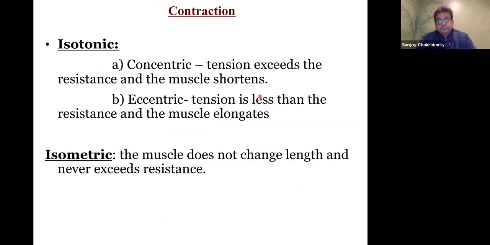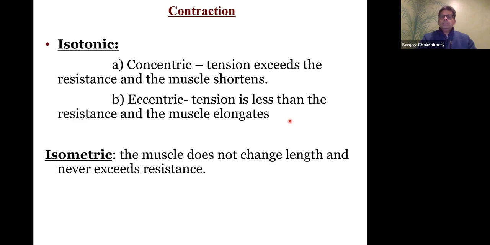And these are different contractions. Contraction has 2 different types based on what is happening to the muscle itself, whether the muscle changes length or whether it doesn't. Depending on that, one is called isotonic, one is called isometric.